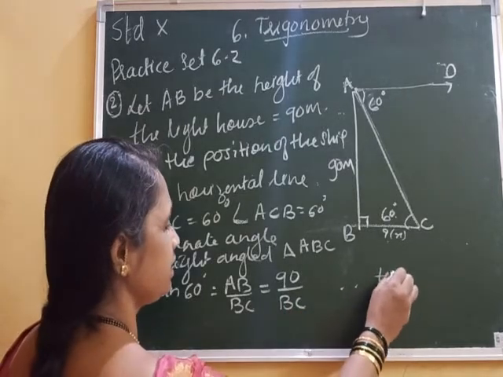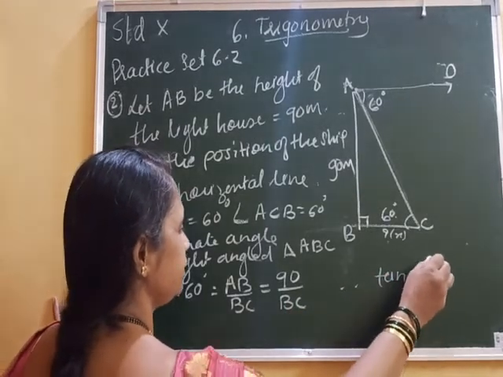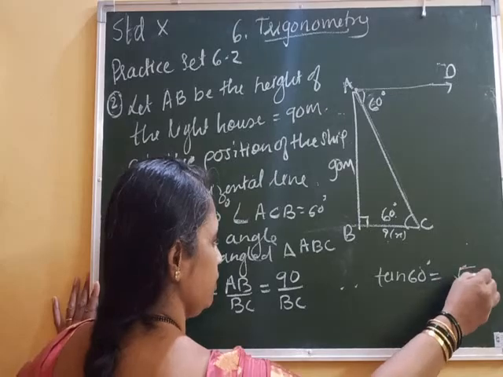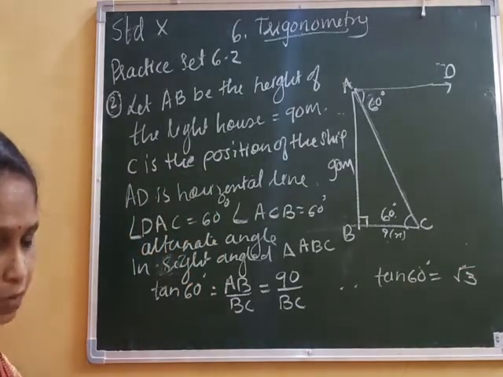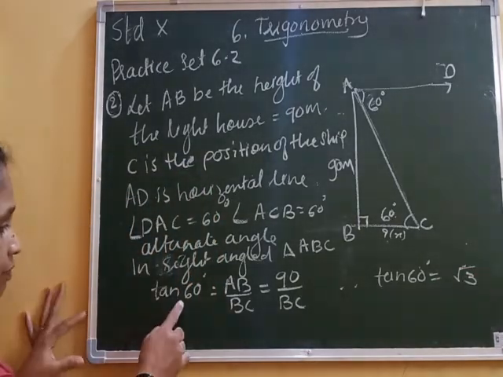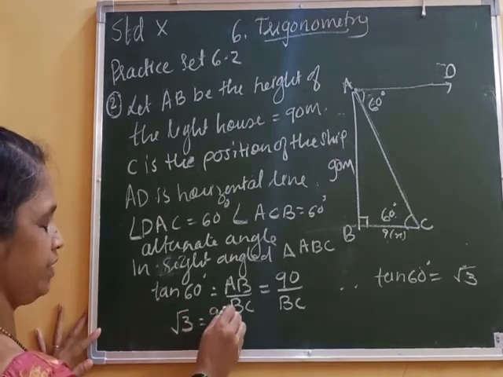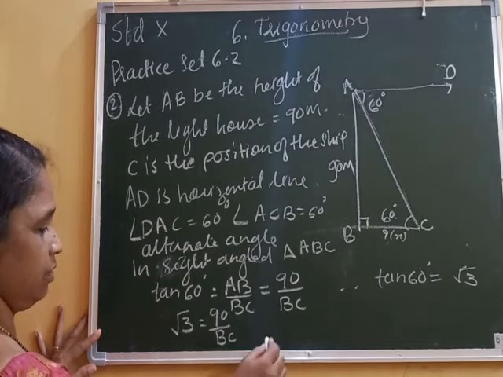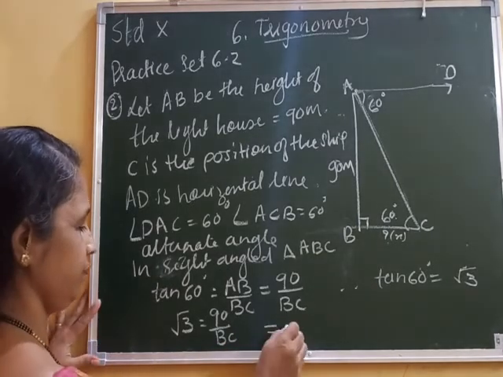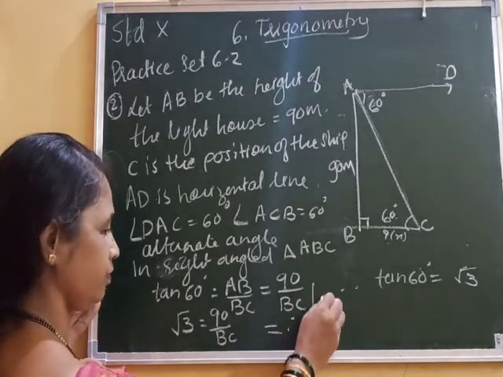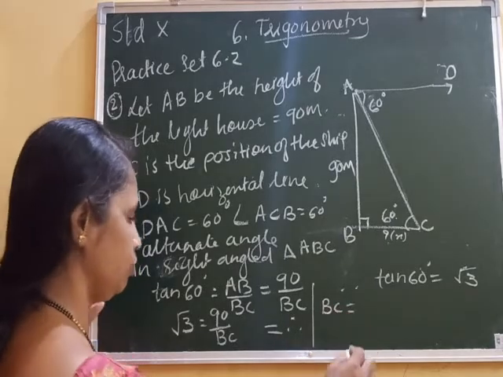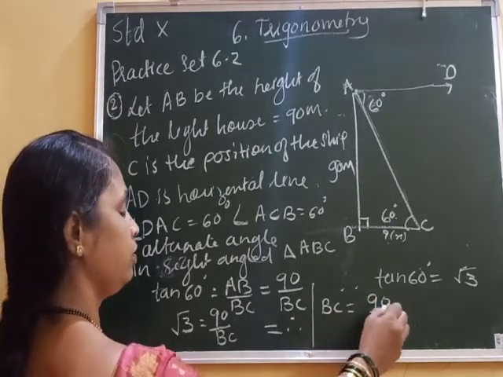And tan 60 is what? Tan 60 is equal to root 3. Okay. Now see. So this value we will write here. Root 3 is equal to 90 upon BC. Therefore, BC is equal to 90 upon root 3.